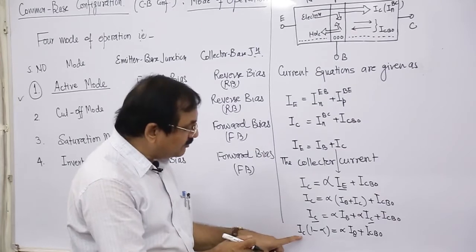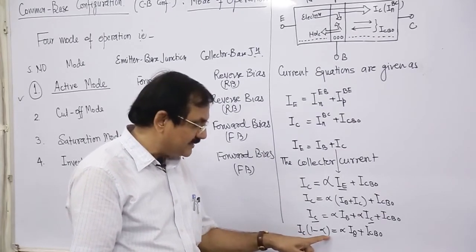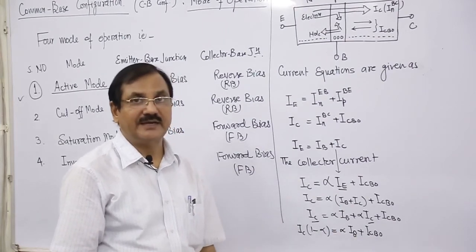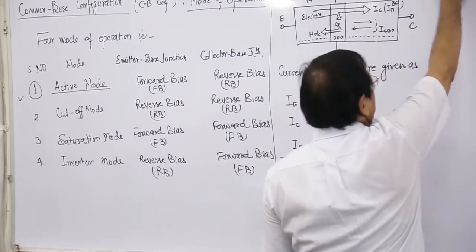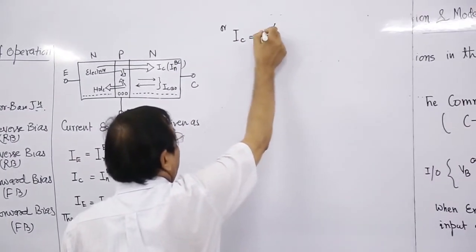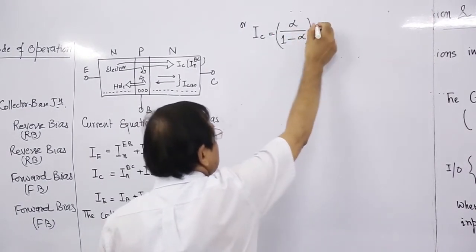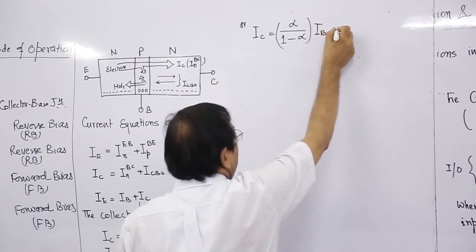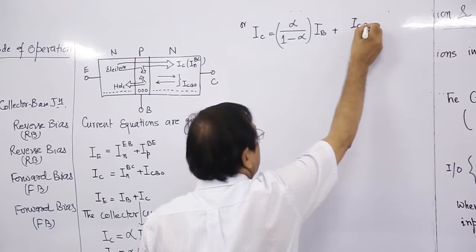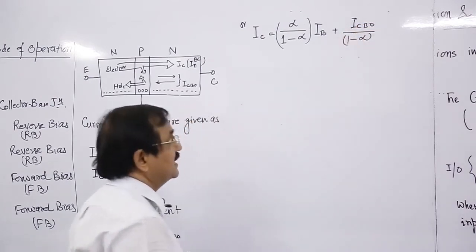Now we have to calculate the value of IC. We divide by 1 minus alpha on the right hand side, so IC is equal to alpha upon 1 minus alpha times IB plus ICBO upon 1 minus alpha.